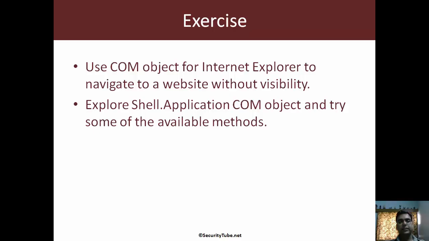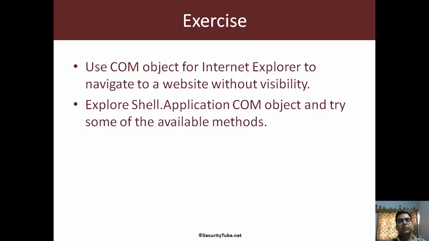As an exercise, use the COM object for Internet Explorer to navigate to a website without visibility. That is, though the process gets created, it should not be visible to a target.